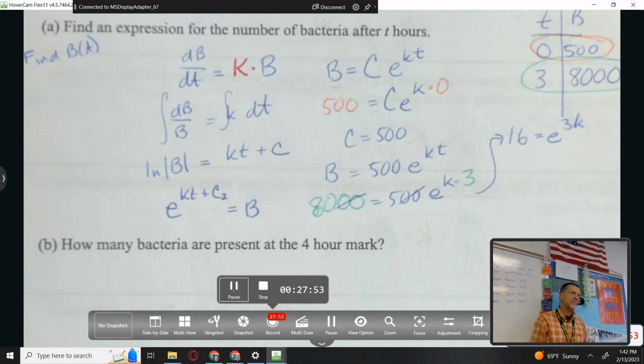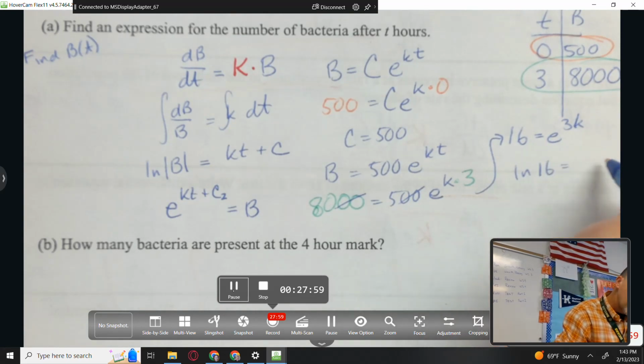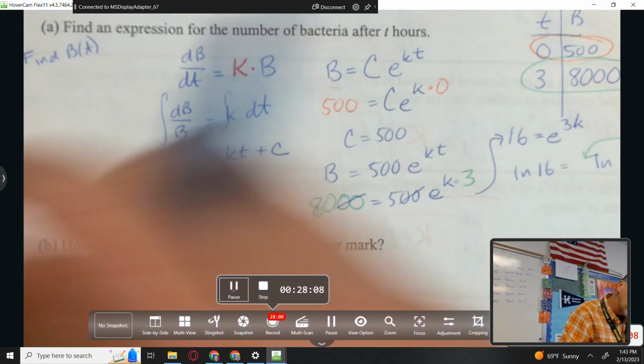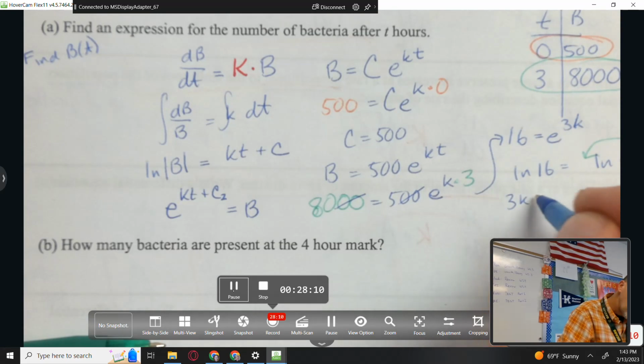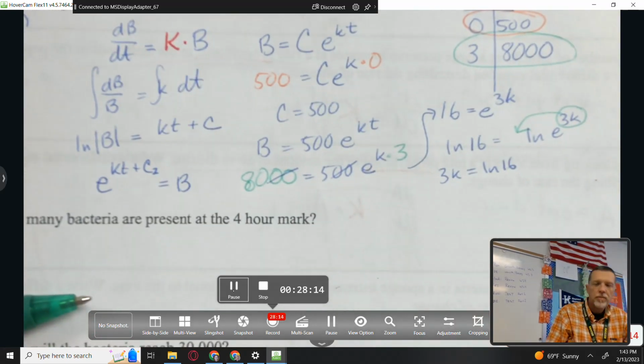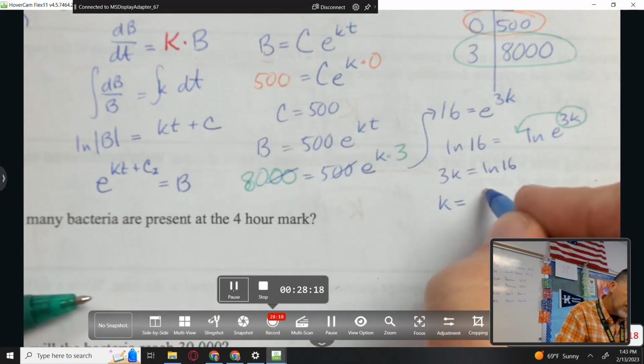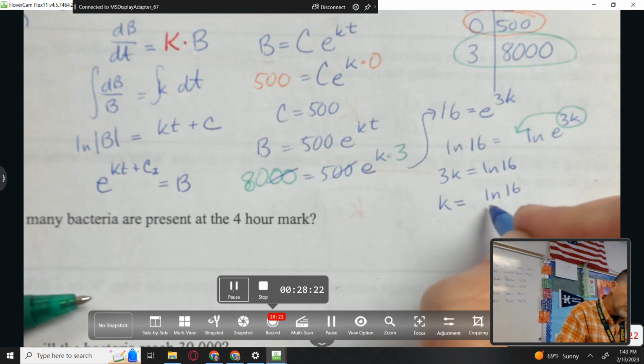Natural log both sides, because you've got to get rid of that e. That will cancel the e with the natural log and bring the 3k down front. So 3k equals ln 16, so k equals one third ln 16, or ln 16 over 3.